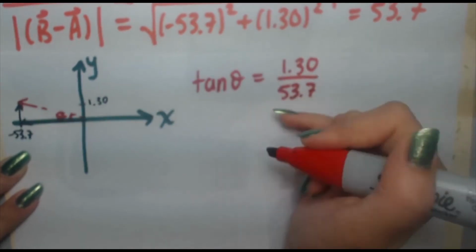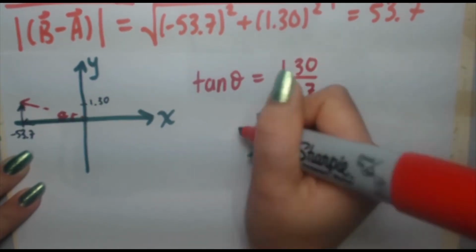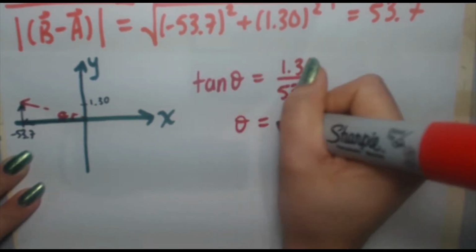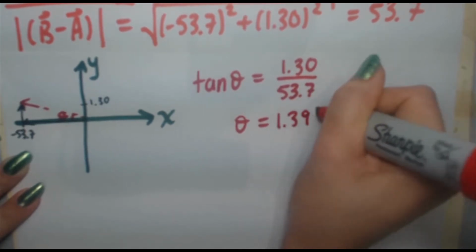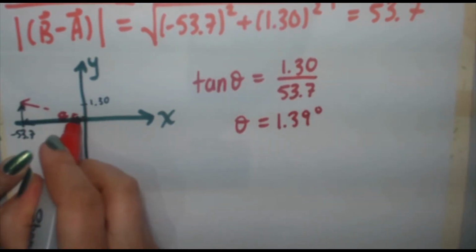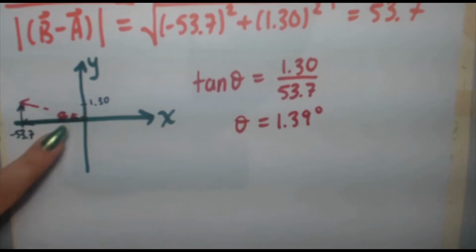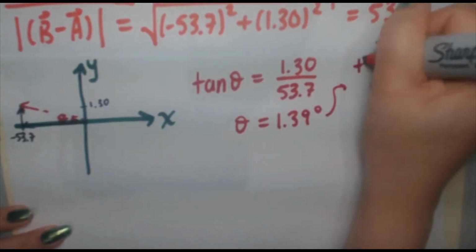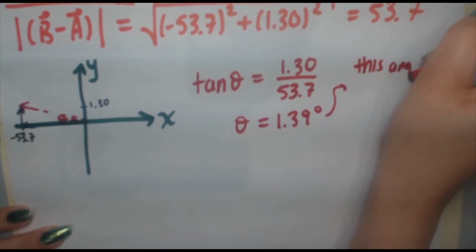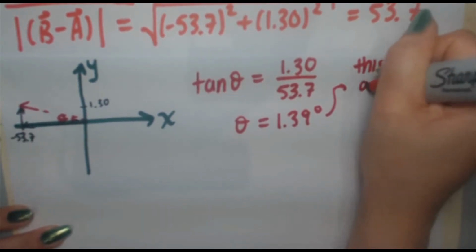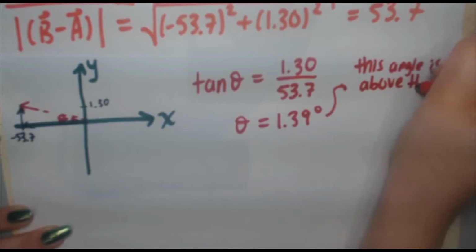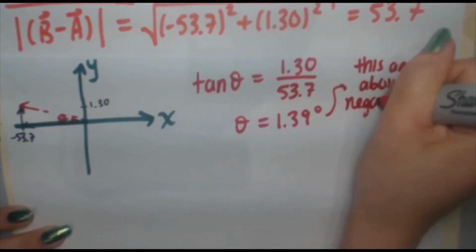If you calculate this out, you take the inverse tangent of what this quantity turns out to be, you're going to end up with theta equal to 1.39 degrees. That is the angle right here inside. In other words, this angle is above the negative x-axis.